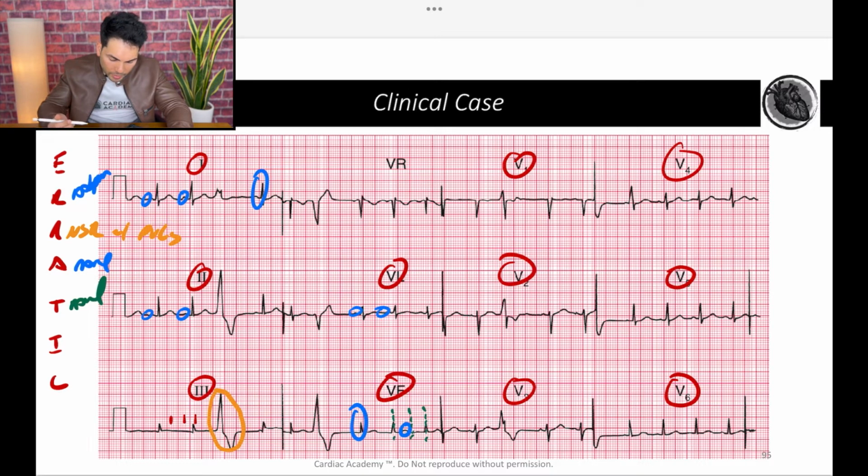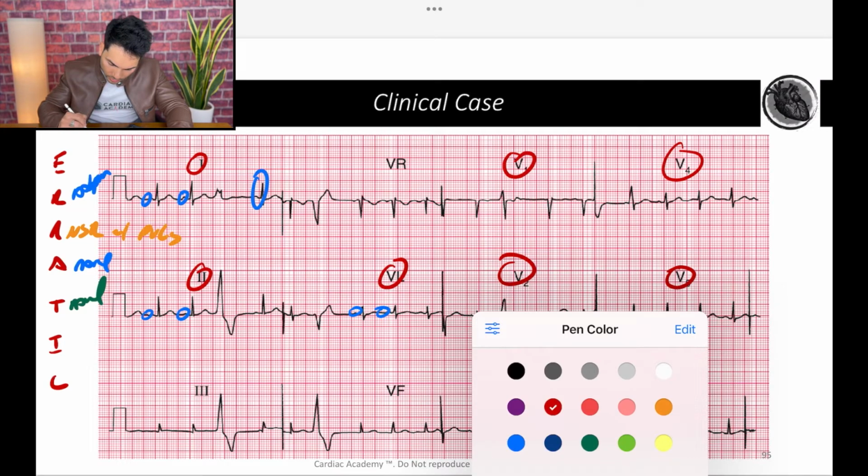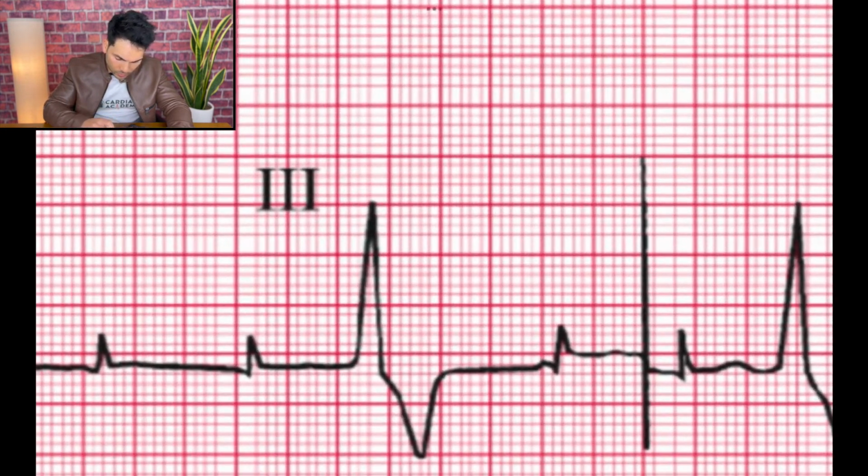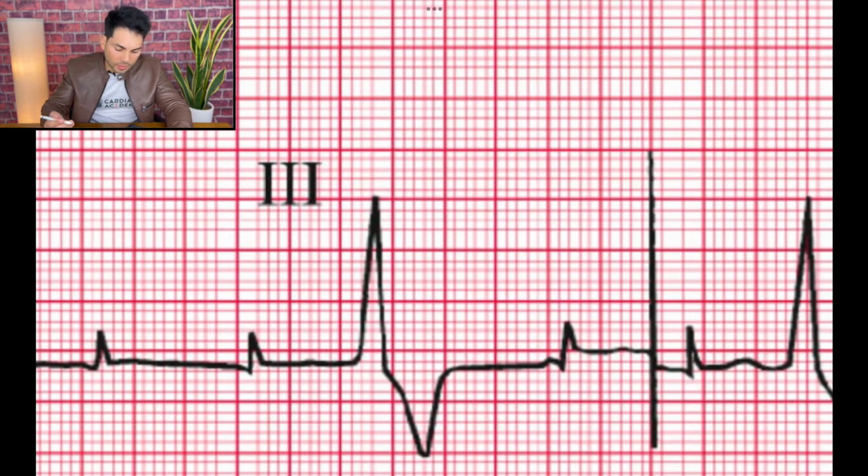So let's talk a little bit about these PVCs that we're seeing here. I'm going to clean this a little so it's easier for us to see, and I'm going to close up to the PVC. We can see it's a very wide QRS. There are no P waves, we can see that here.